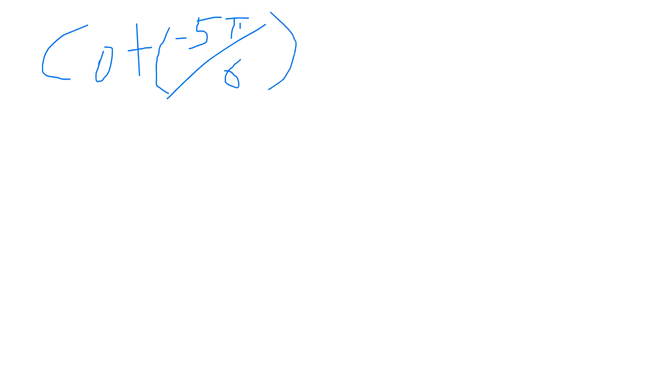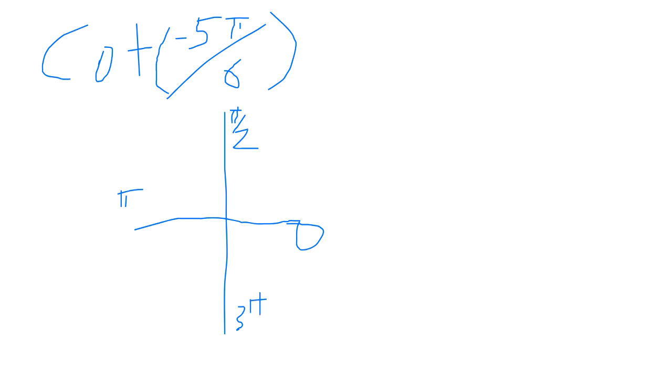That means that everything must be in radians. 0, pi over 2, pi, 3 pi over 2, and 2 pi. I'm fully aware that when you were in high school, you were not really drilled so much on radians. You were most of the time working in degrees.